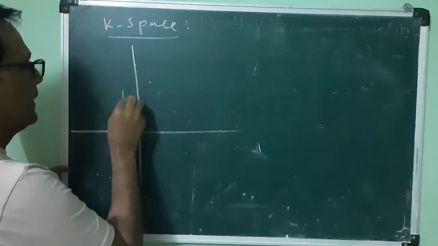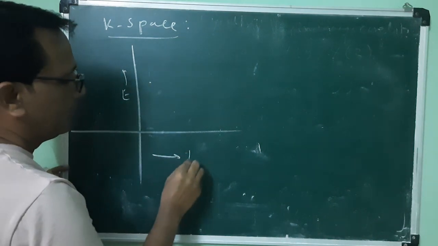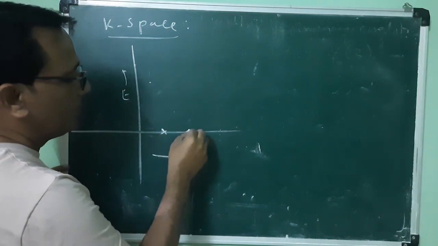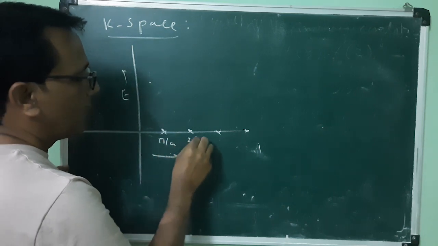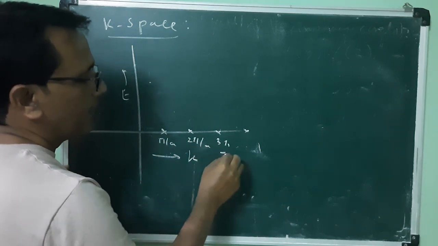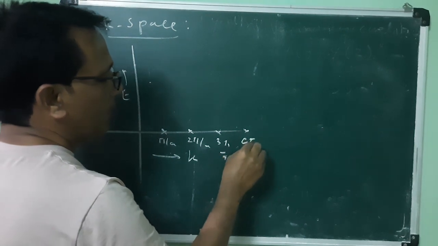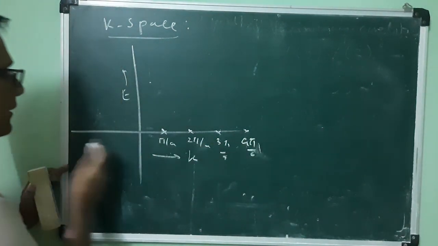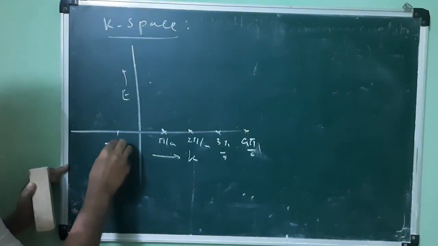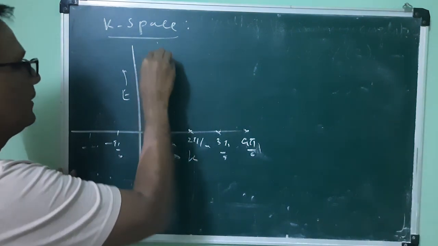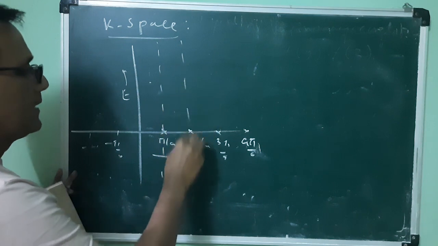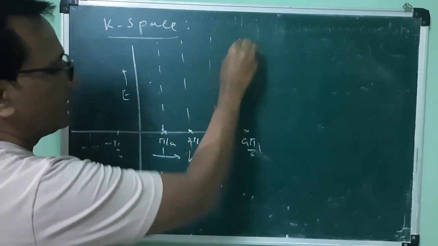So this is, let's say, energy E, and this is the wave vector k. Then we have different discrete lines here. This is pi by a, this is 2 pi by a, this is 3 pi by a, and this is 4 pi by a. This is along the x-axis, and on the negative side we will have minus pi by a, minus 2 pi by a, like this. So these are the discrete lines of k points along the x-axis only.